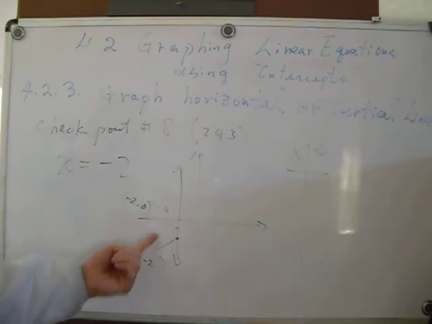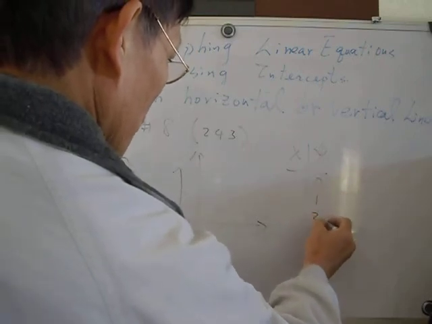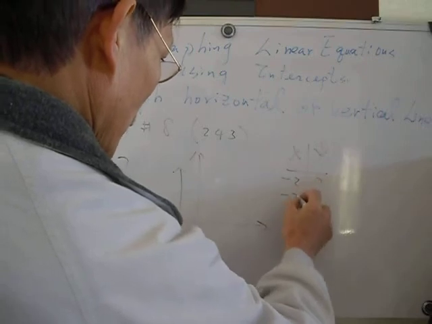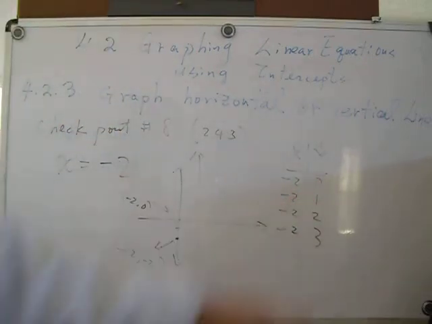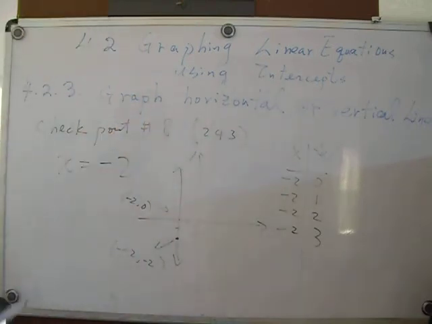Because y can be anything, 0, 1, 2, 3, x is always negative 2, like that. This part is not required. You need to graph this and label 1 or 2 points. Basic minimum requirement for graphing.